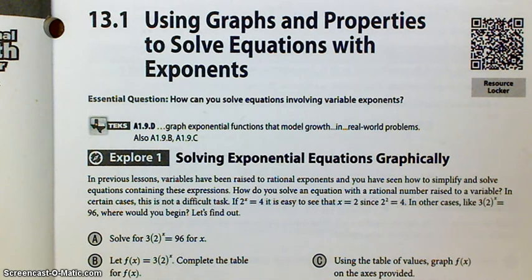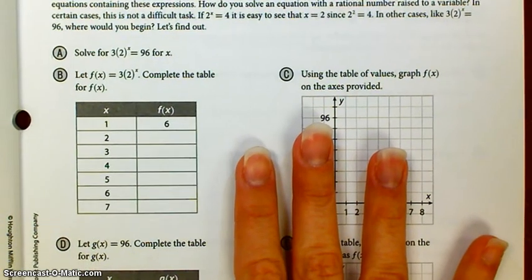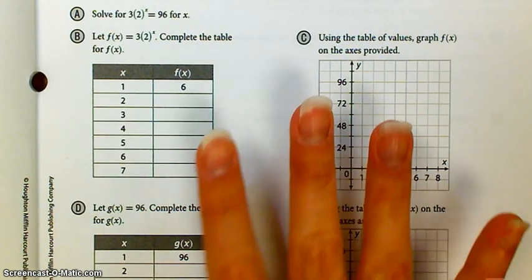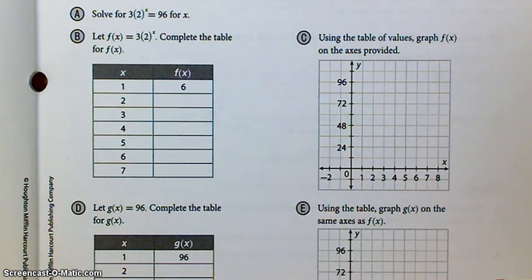So we're going to move into this first example, and it's kind of just showing you a process for how you would eventually figure out the answer to what is the x. All right, so it says solve for 3 times 2 to the x equals 96.